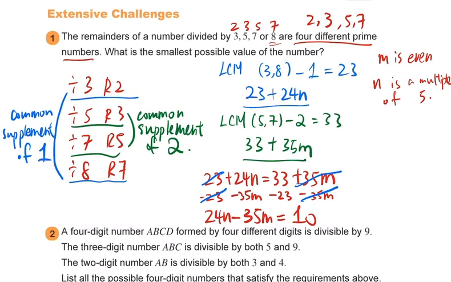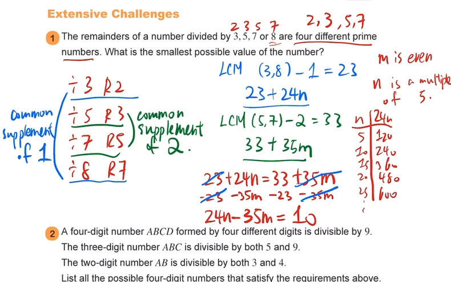It can't be 1, 2, 3, 4, 5, because it has to be a multiple of 5. So when n is 5, 10, 15, 20, 25, and so on, 24n is going to be 120, 240, 360, 480, 600, and so on.